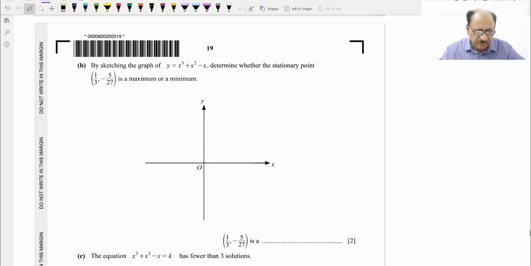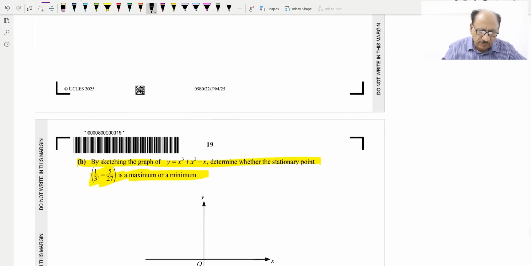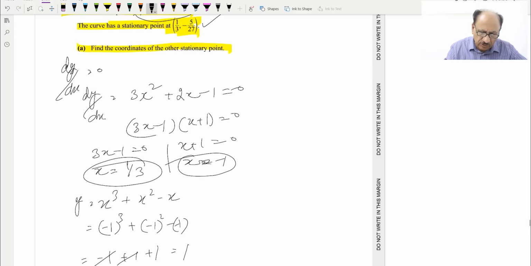Now part B says, by sketching the graph of this one, determine whether the stationary point is a maximum or minimum. So what we can do is, like in the previous part, we got these two x values, 1/3 and minus 1.